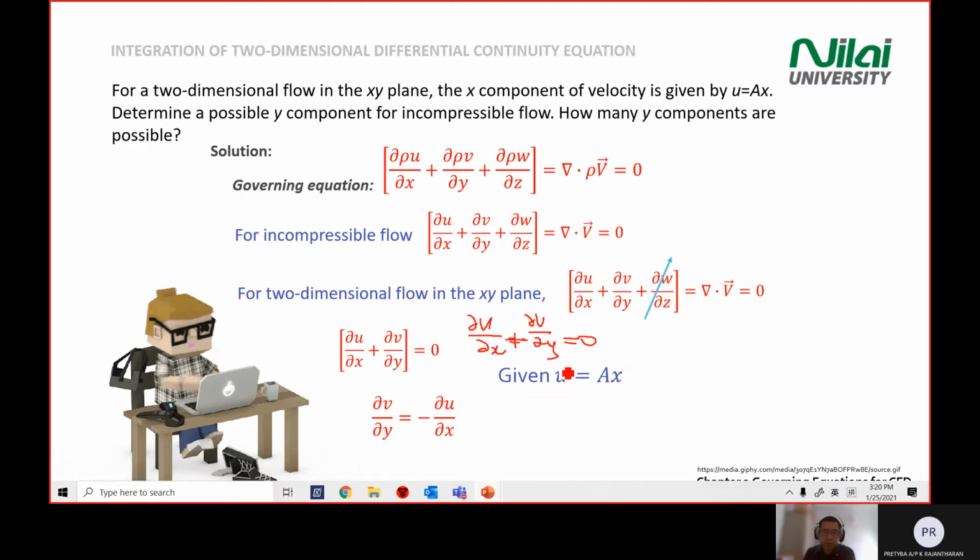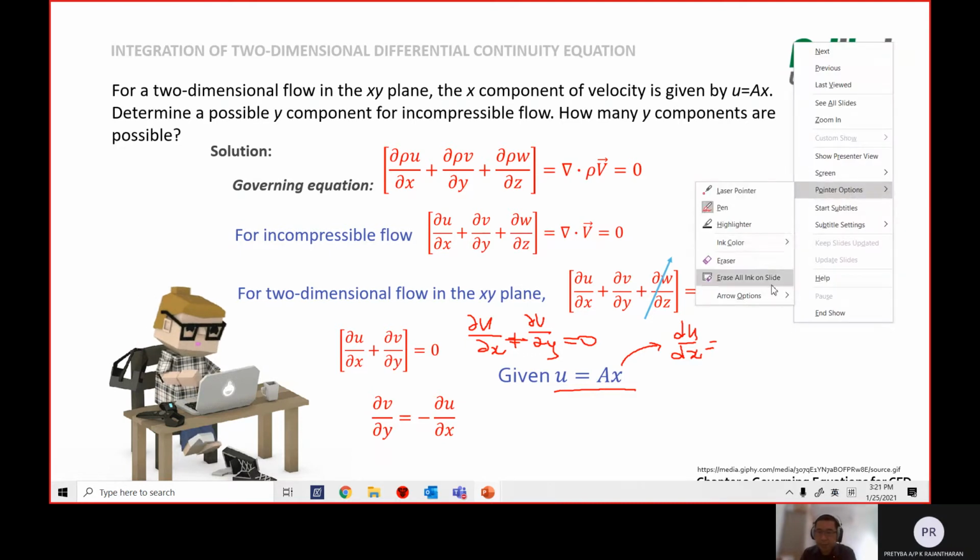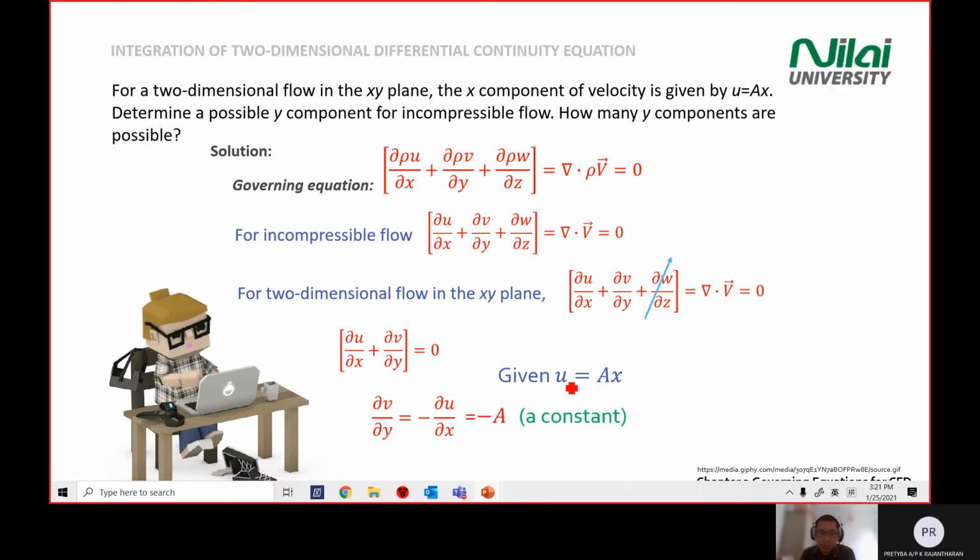So you know that your u equal to ax, so you can differentiate this. Del u over del x, what do you get? A. Yeah? Okay, good. So del u over del x is a. Then you substitute inside this equation, you get negative a. Although it's a negative sign, it's still a constant.